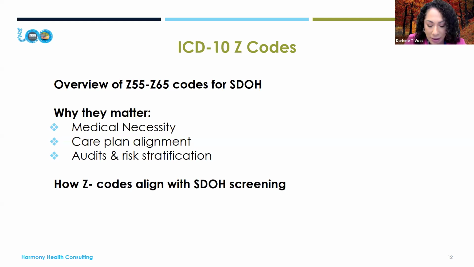Proper use of Z codes helps to avoid audit findings, like "no evidence supporting the code," which is something that we'll hear if it's not documented properly. So the Z code reinforces the interventions that are tied to the care plan. Next slide.